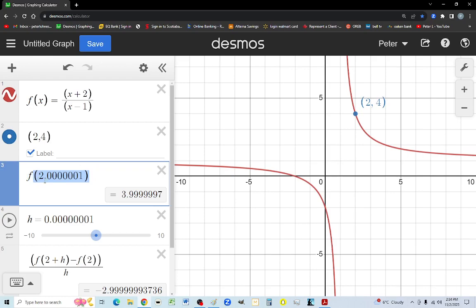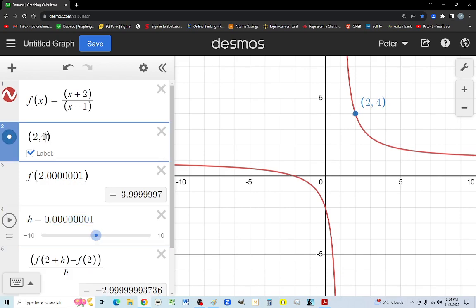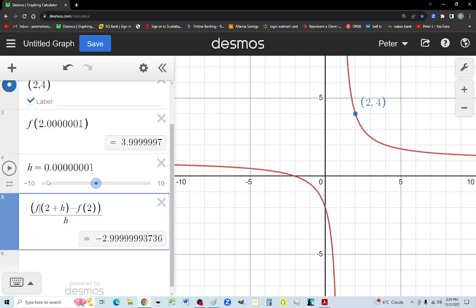The 2.001 is x2. x2 minus my original x1 will always give me my h, so you're going to start learning just to use h instead of doing x2 minus x1. This is my y1 here, and this is my y2 here. And if I skip this instead, I can just put the y2 in. So here's the y2, 3.9999997 minus 4.